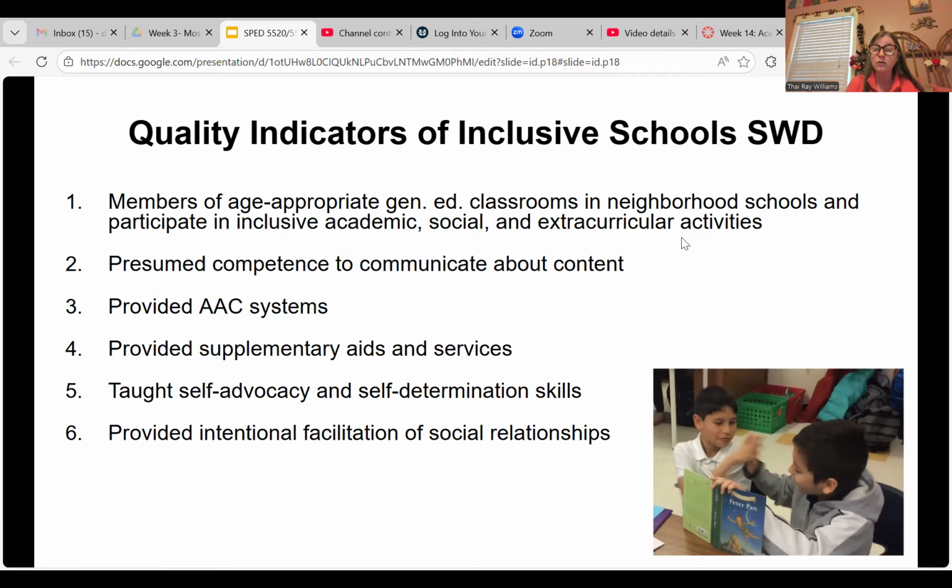I have lifelong friends that I had while I was in school. Quality inclusive schools not only recognize the importance of social relationships and friendships, but they also facilitate those very intentionally. And then finally, they involve students with disabilities in making choices and decisions. So again, these are 7 quality indicators of quality inclusive schools for students with disabilities.